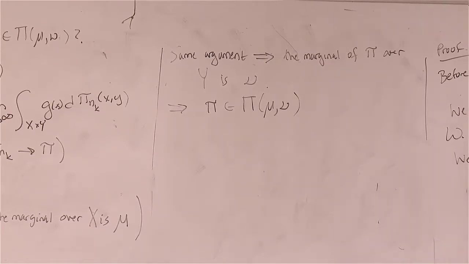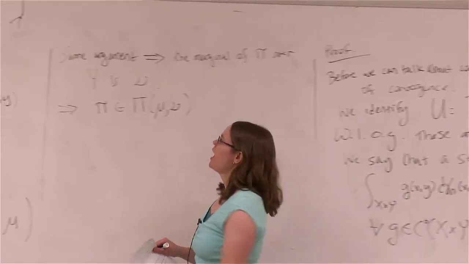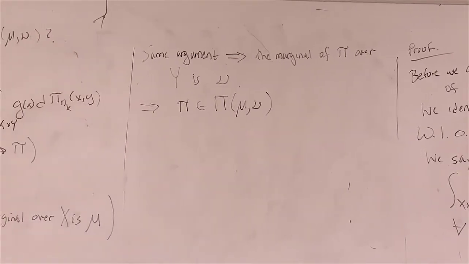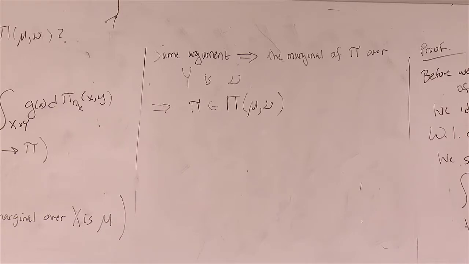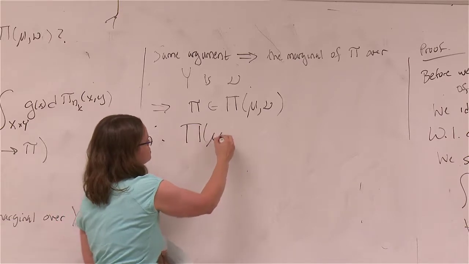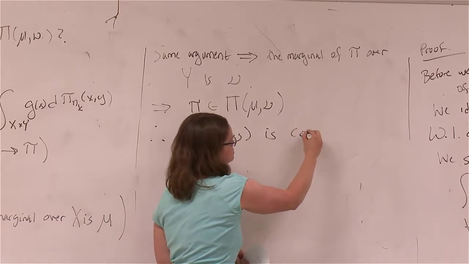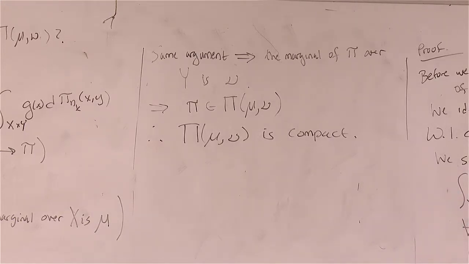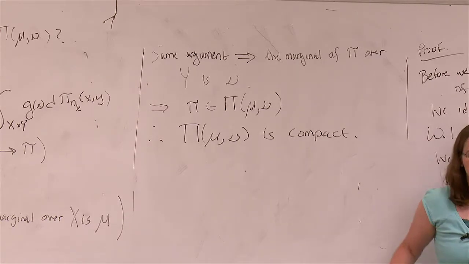So given any generic sequence living in capital Pi, I can always extract a subsequence that has a limit, and that limit also lives in capital Pi. That's compactness. So we know that capital Pi is compact.